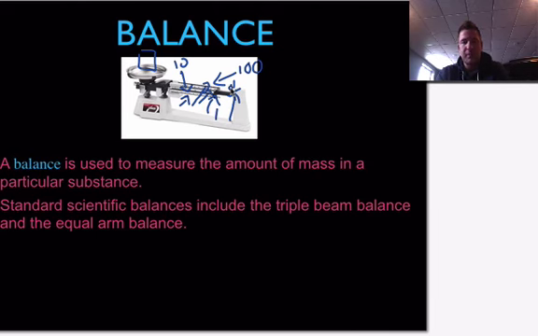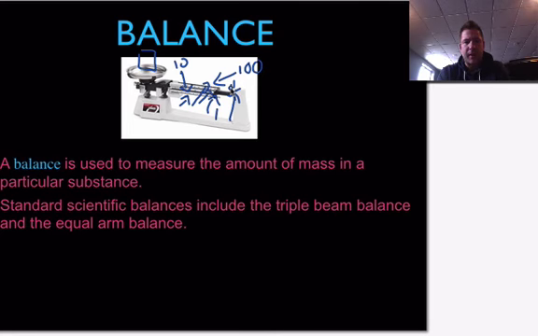It's used to measure the amount of mass in a particular substance. If I put a block on it like I've drawn here, it's going to tip up and down, and once the gravity is equal and the mass is equal, it's going to level out and balance. Then we can determine what the mass was based on our triple beam scale by adding all the amounts together.